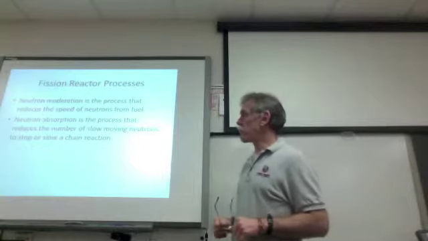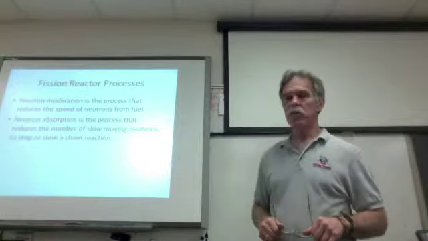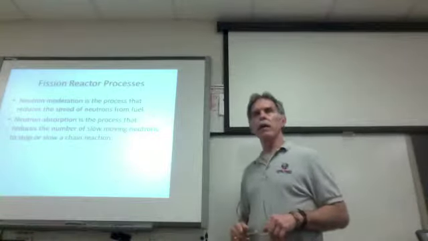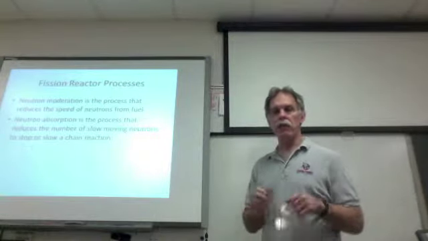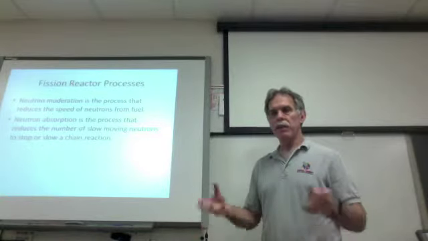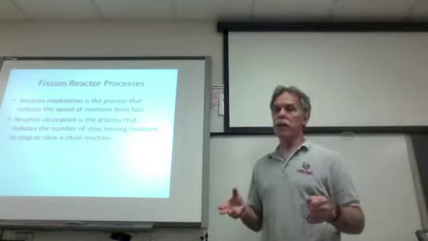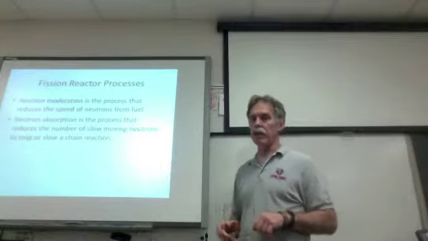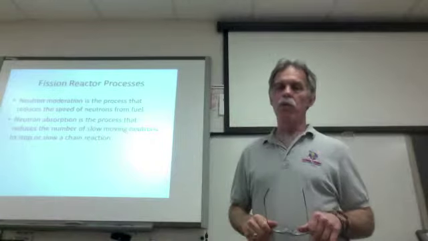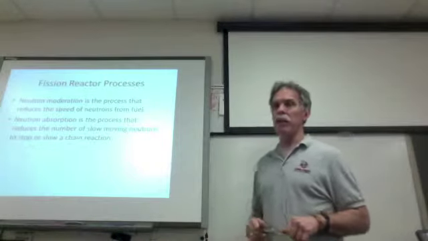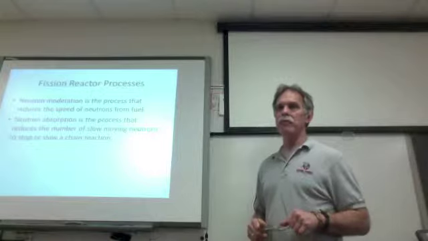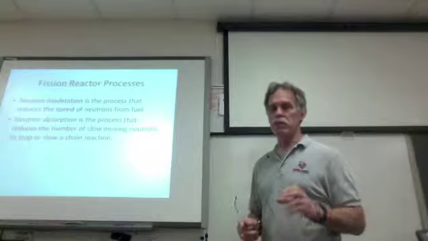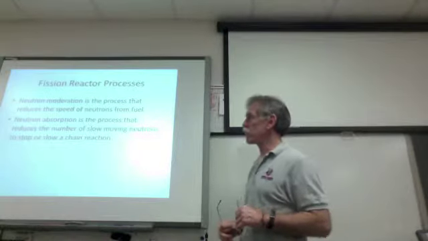The standard fission reactor will split something like plutonium into two smaller atoms, and a tremendous amount of energy is released based upon E equals mc squared, where c is the speed of light, 3 times 10 to the 8th. So let's say 1 kilogram times 9 times 10 to the 16th: a tremendous amount of energy is released from just 1 kilogram of fissionable material.